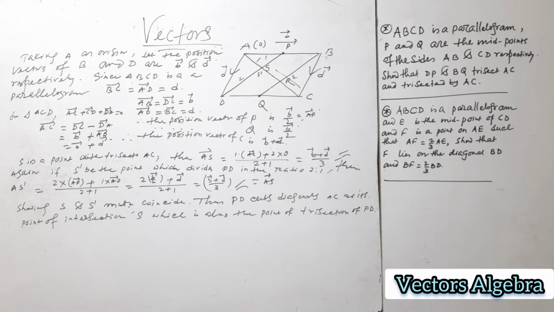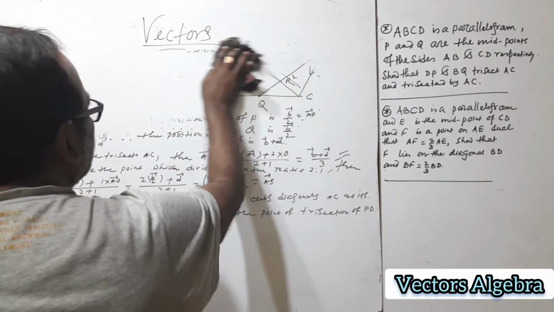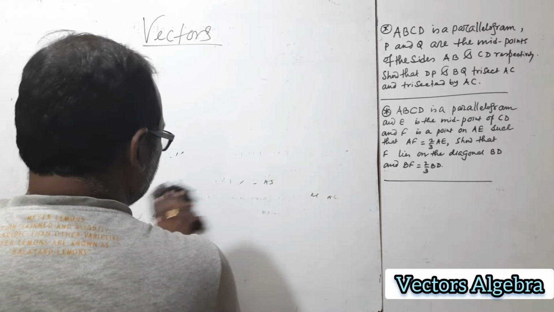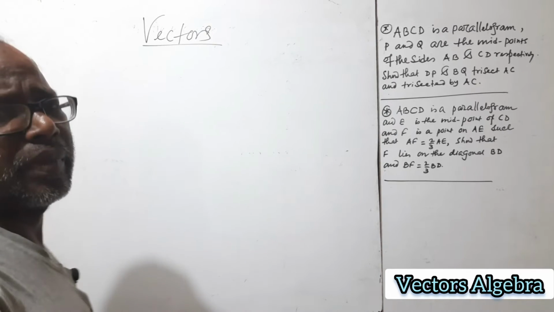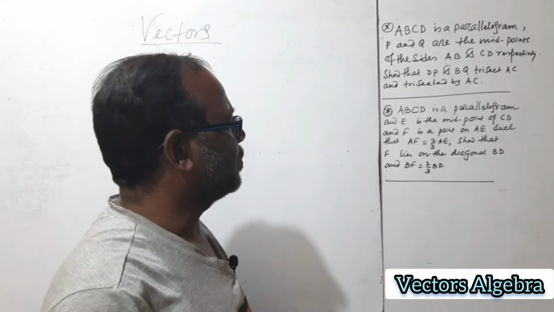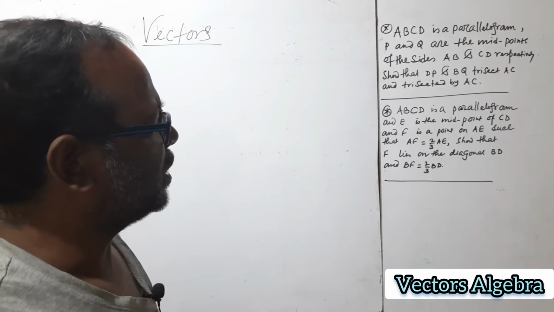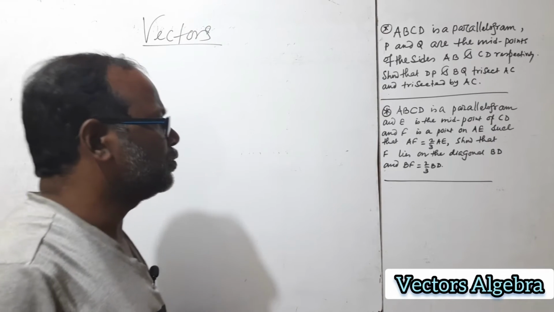For the second question, see, ABCD is a parallelogram and E is the midpoint of CD, and F is a point on AE such that AF is equal to 2/3 of AE, so that F lies on the diagonal BD, and BF is equal to 2/3 of BD.